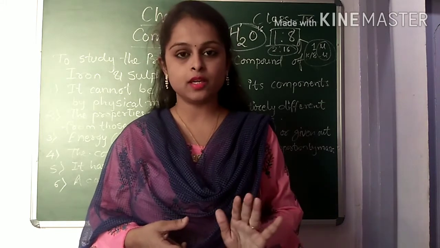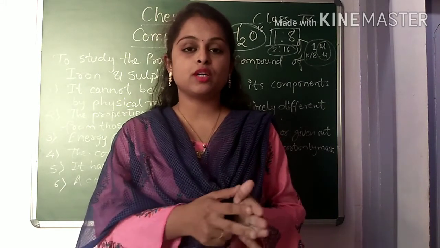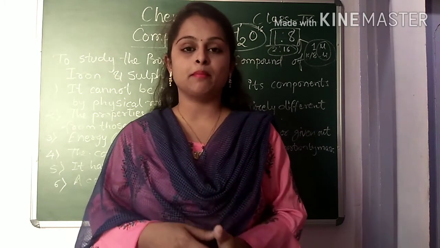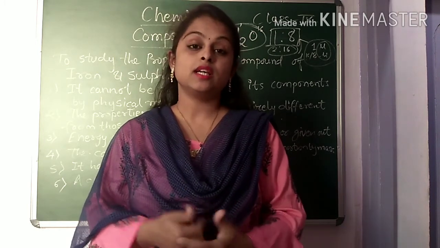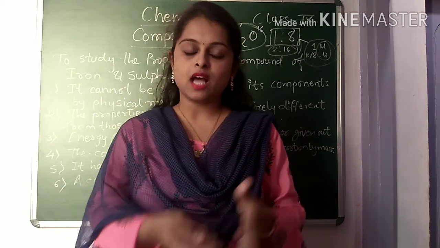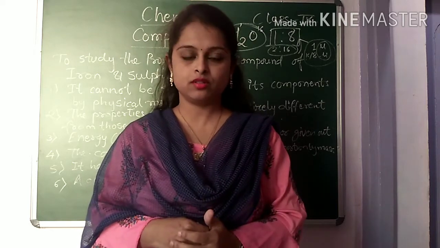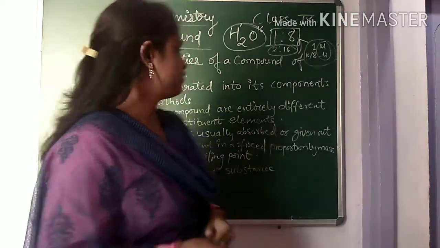Is it clear? Now you understood the definition of the compound, that is one or more elements chemically combined together. See, we are going to study the properties of this compound. These properties are completely opposite to the properties of the mixture. Understood? Let us have the first one.